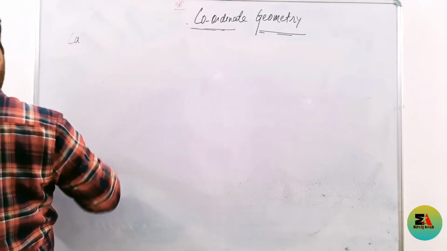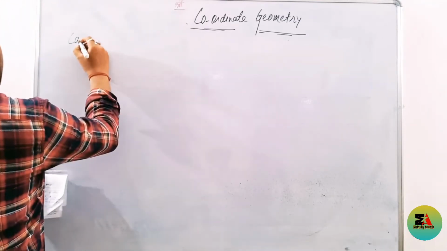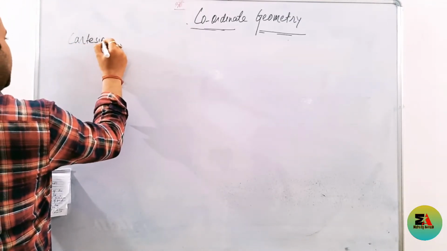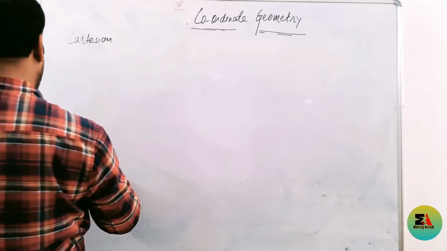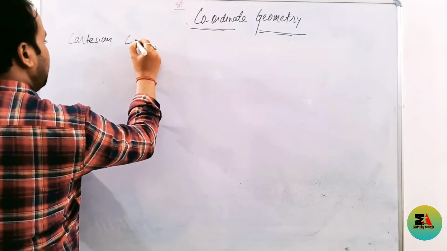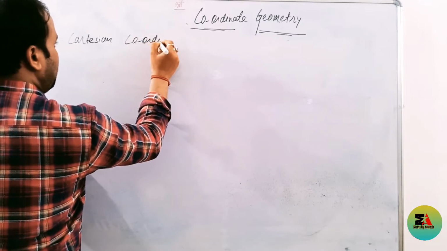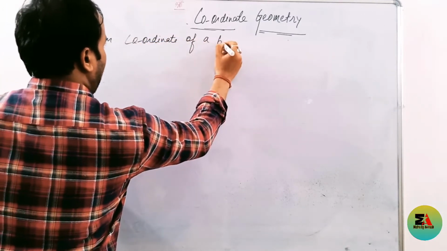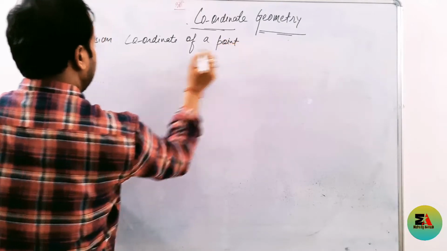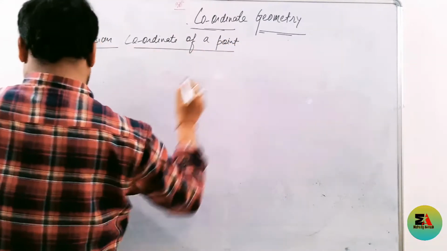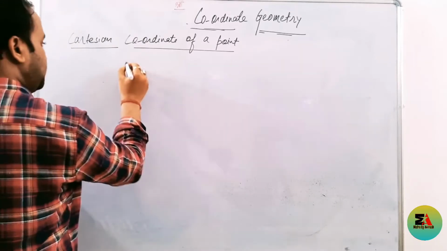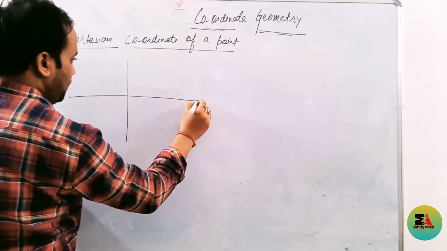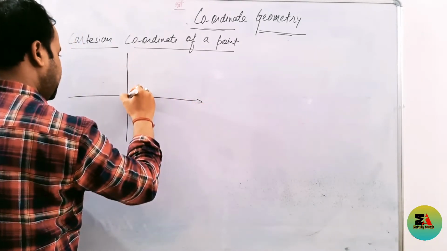Cartesian coordinates of a point. How do we plot a point in the Cartesian coordinate system? Suppose we have the Cartesian system.